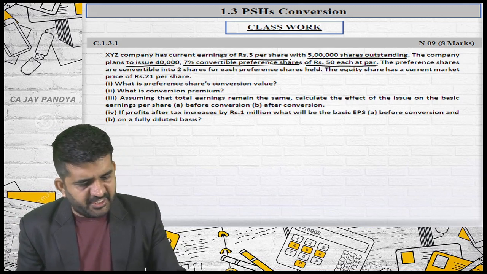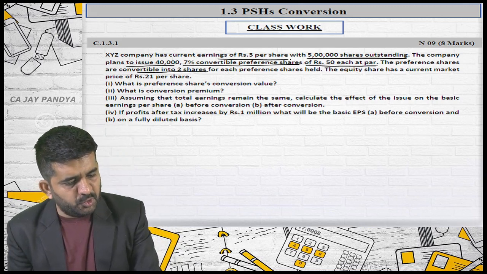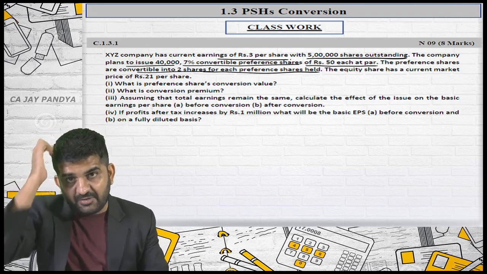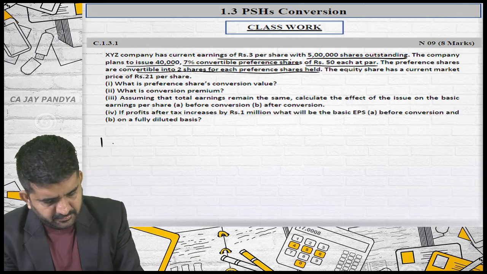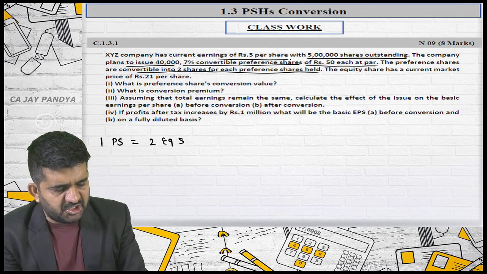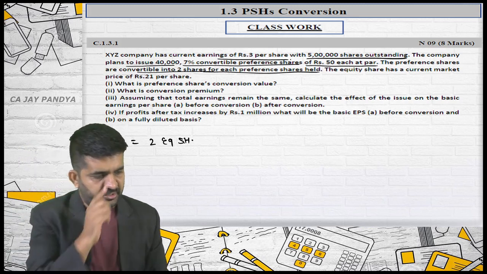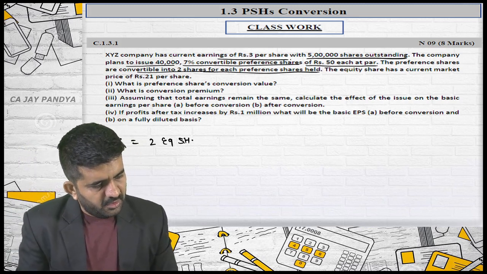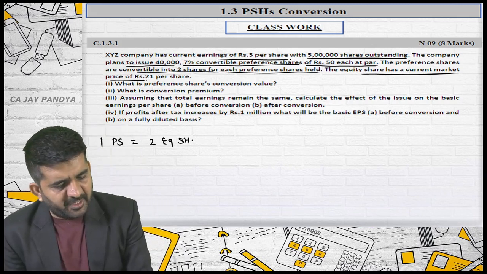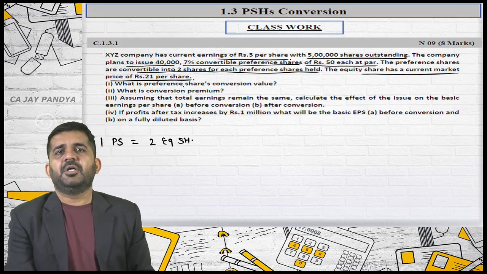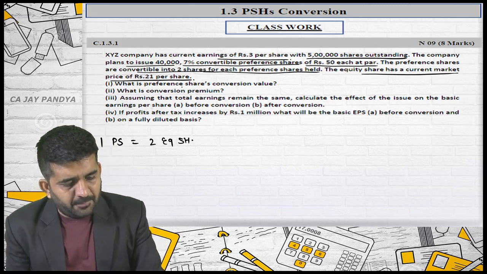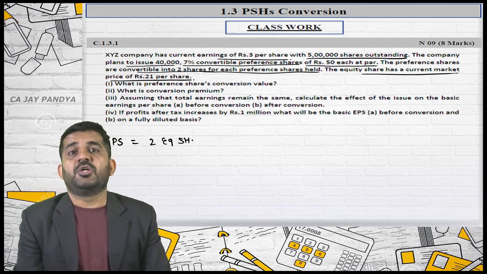The preference shares are convertible into 2 shares for each preference share held. So if you are having one preference share, you will be getting 2 equity shares if you opt for conversion. The equity share has a current price of 21 per share. Is it alright? What is the preference shares conversion value?